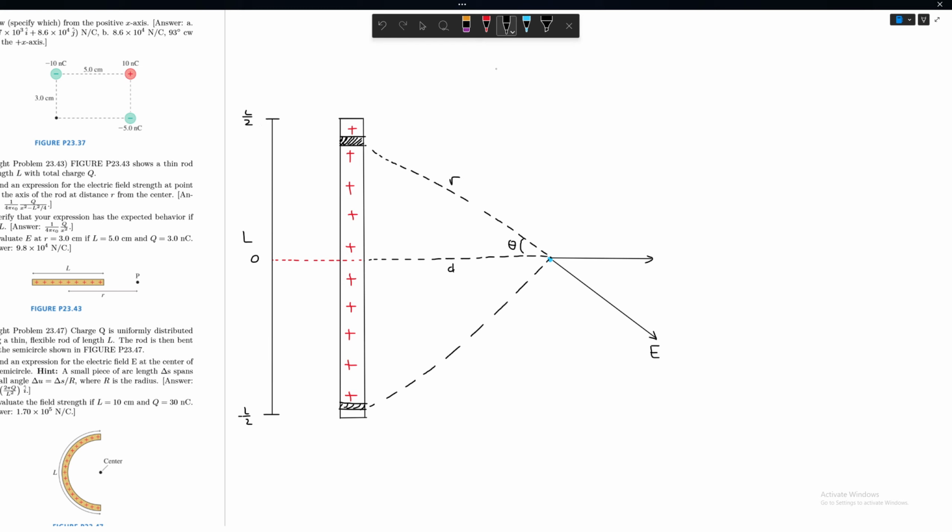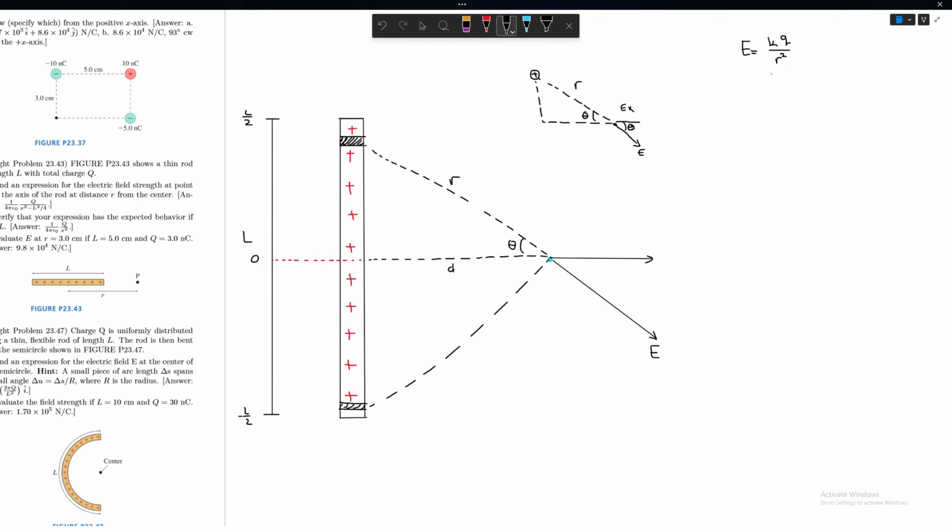Now, if this was a point charge and I'm trying to find the electric field here, obviously this is my R, and this is my electric field. This is my EX, this is my E, and this is my theta that we did earlier. My equation is E equals K Q over R squared, which would be fine for this problem.